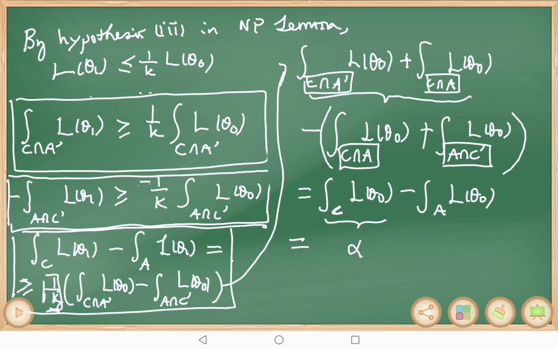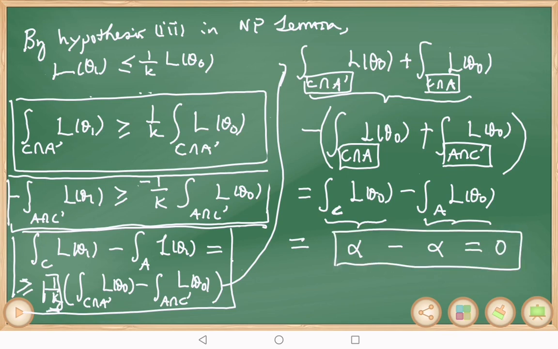And here is also the same. This region is A, and both of them have the same size alpha. So alpha minus alpha equals 0. So this part here is 0, right? So then you finally prove this result.